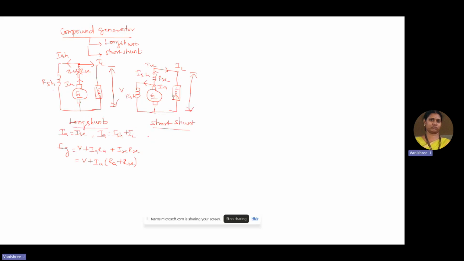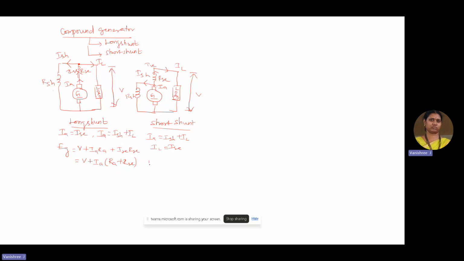Coming to the short shunt circuit, the current relationship is that IA is equal to ISH plus IL, and IL is equal to ISE.